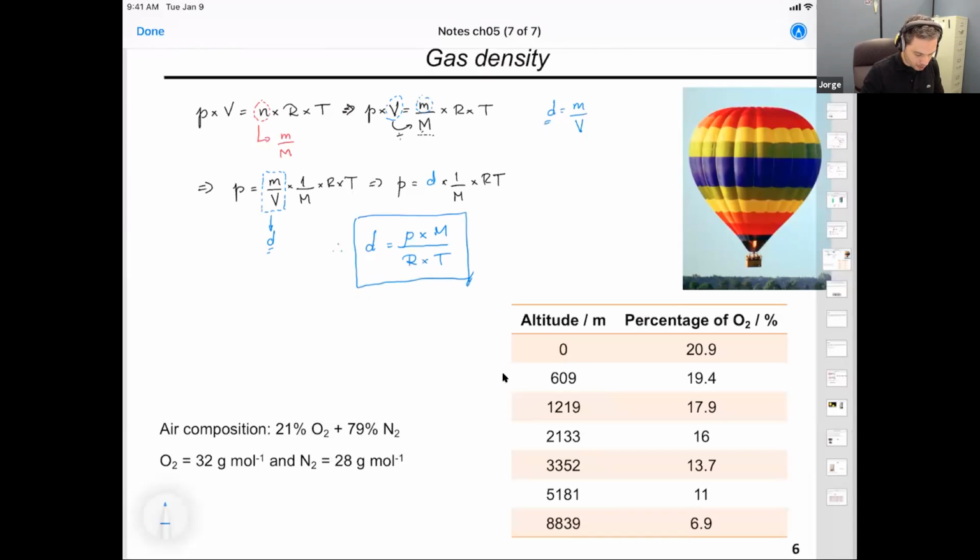If you think about the terms in the equation, it's proportional to the molar mass, so the heavier the gas, the higher the density, and inversely proportional to the temperature. Remember, if we have a high temperature, we are expanding the gas because the molecules move faster, and that will result in a decrease of the density.